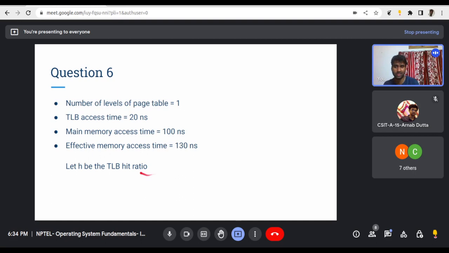So what is the TLB hit ratio? If we consider H as the TLB hit ratio in the formula that was previously given, what comes up? So the TLB miss ratio then comes out to be 1 minus H, right? So yeah, solve it accordingly.